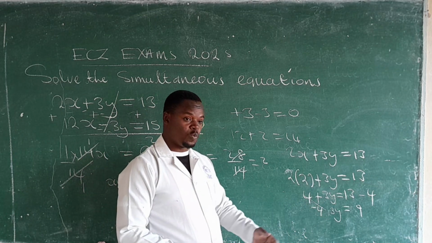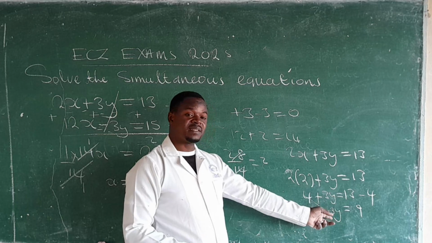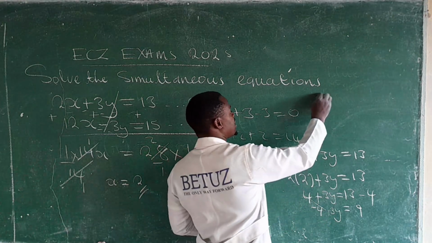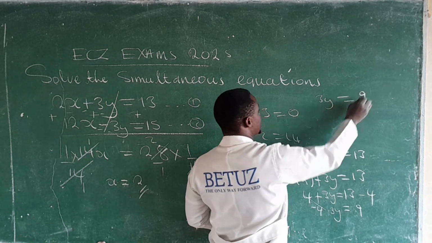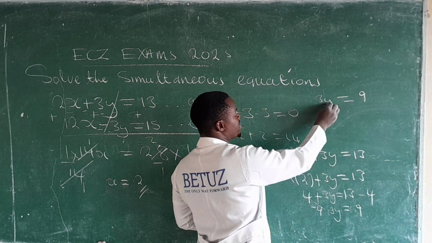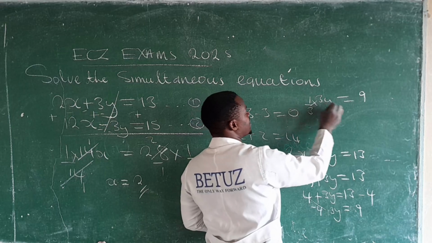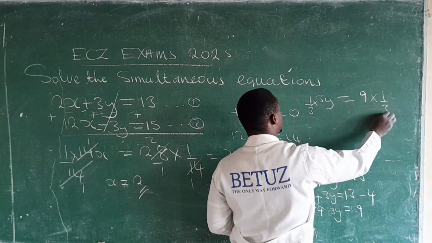So what we do is multiply both sides by the multiplicative inverse of 3. Let me write it here so that you can see properly. 3y is equal to 9, multiplied by the multiplicative inverse of 3, which is 1 over 3, and on this side also 1 over 3.